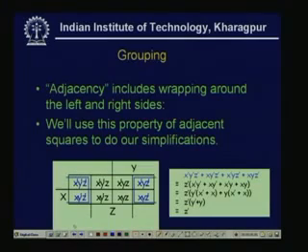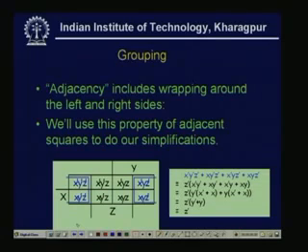This is x dash y dash z dash, x dash y z dash. Similarly this is x y dash z dash, because for the second row x is the common literal, and the last term is x y z dash.